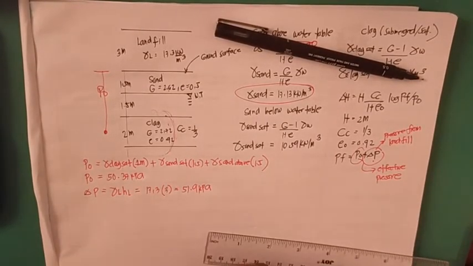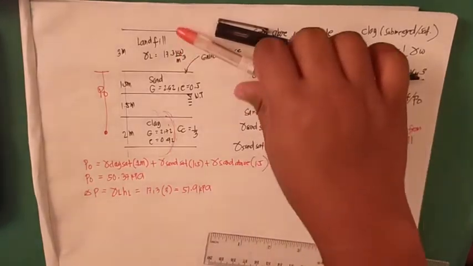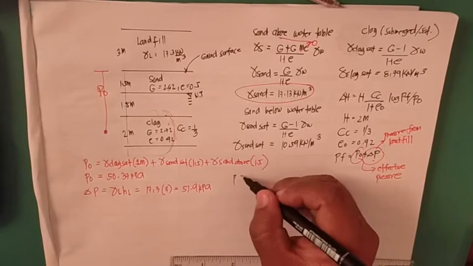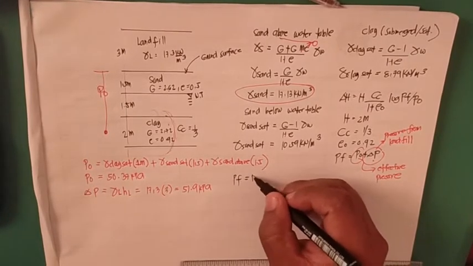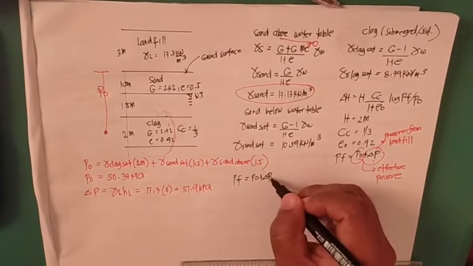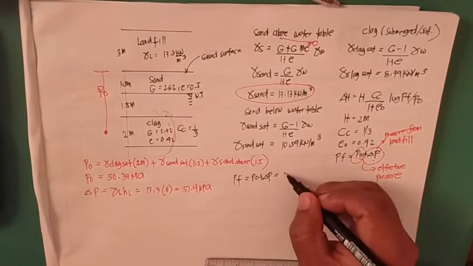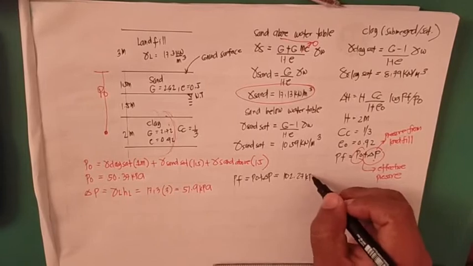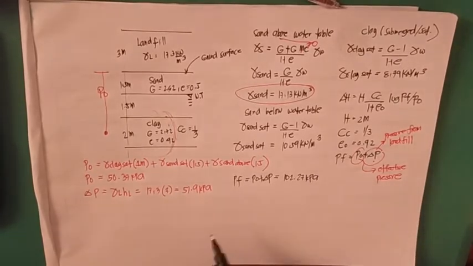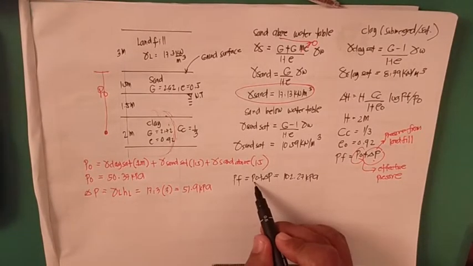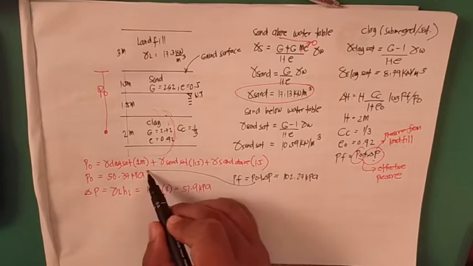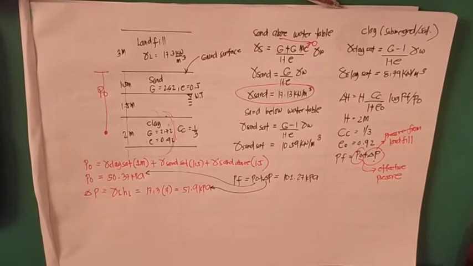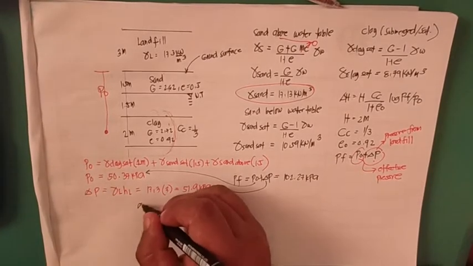So from that, Pf is Po plus delta P, so it will become 102.27 kPa. So we just add the Po here and here.